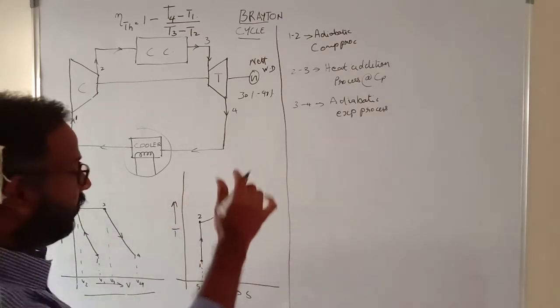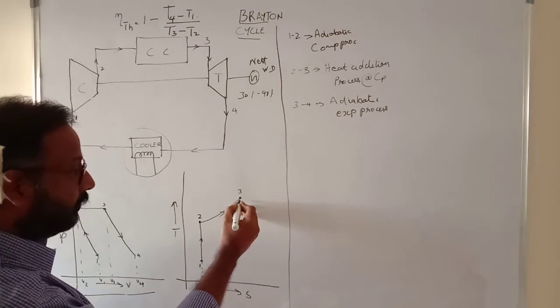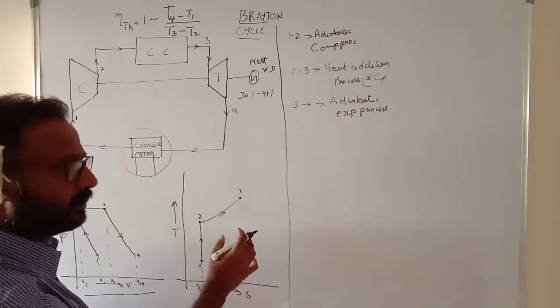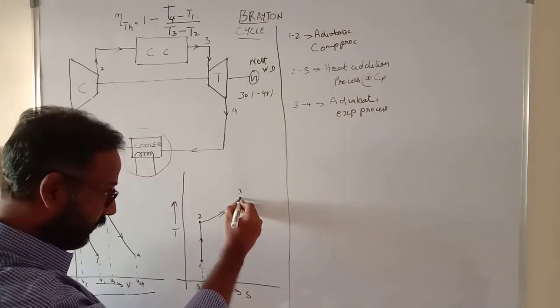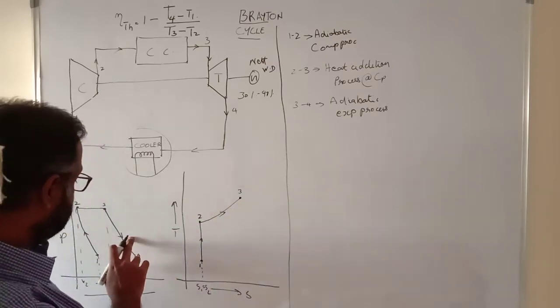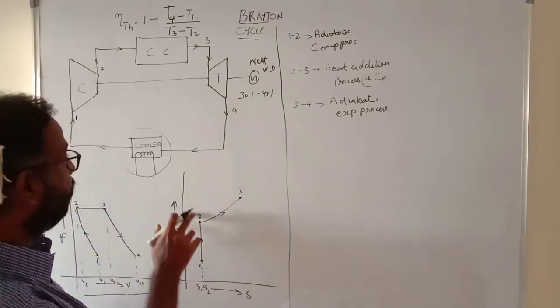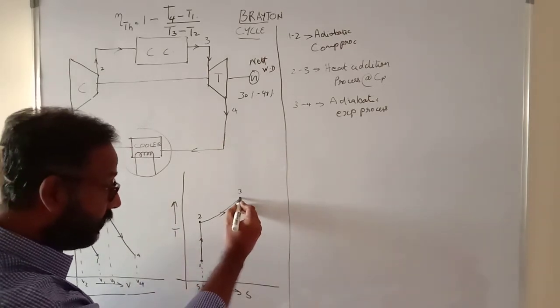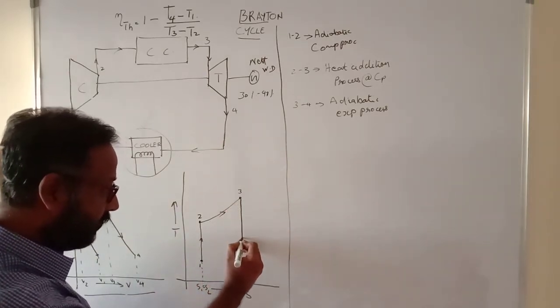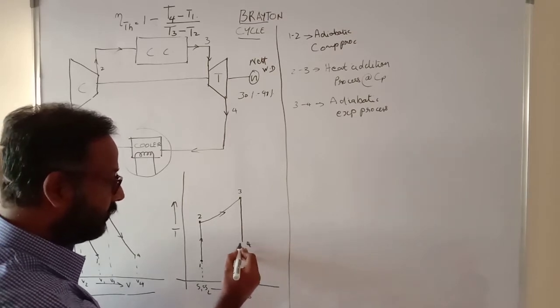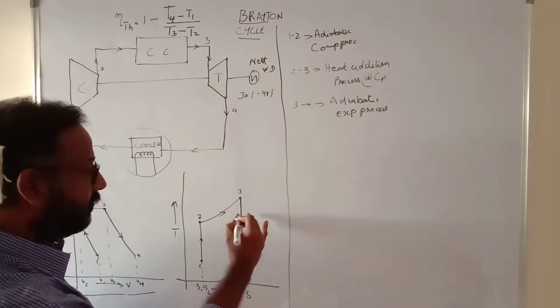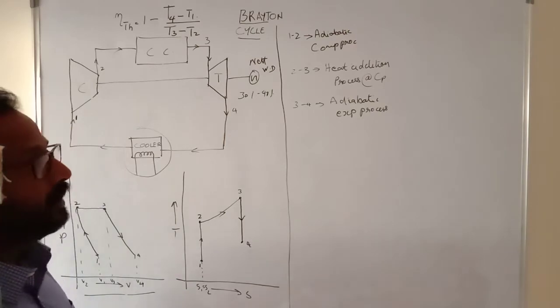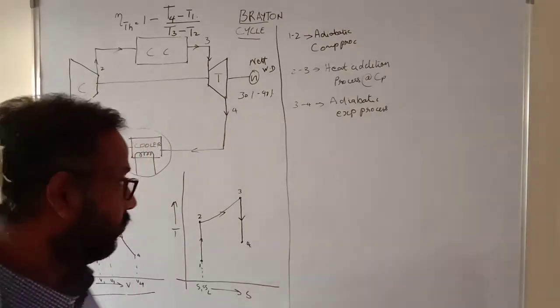Similarly, I told you, when it expands inside the turbine, the temperature decreases. And being an adiabatic process, just like how we did from process 1 to 2 for the compressor, the entropy remains constant, but the temperature decreases. Alright, so we have marked 3 to 4, which is an adiabatic expansion process.